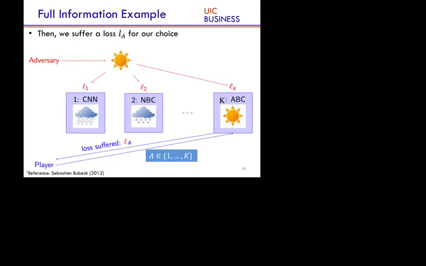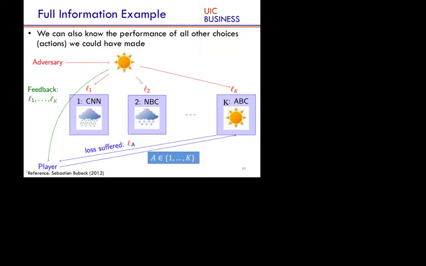Because I showed this and the adversary wanted that, I get some reward signal. I'm calling that L subscript A, or in the previous notation X bracket I_t. But the interesting thing is the player also gets to see all the reward signals.